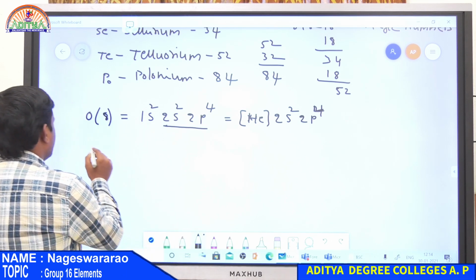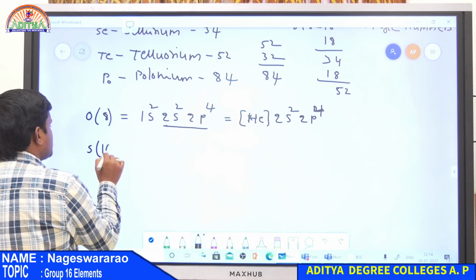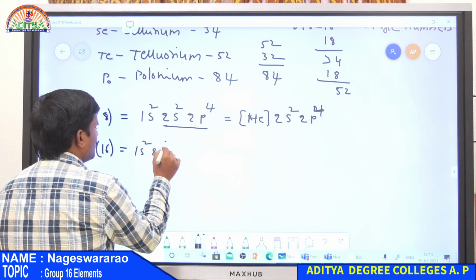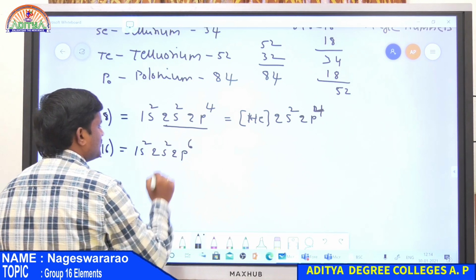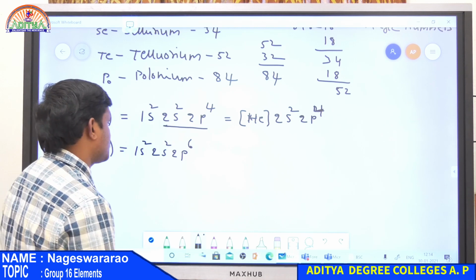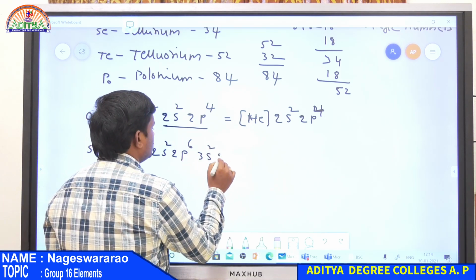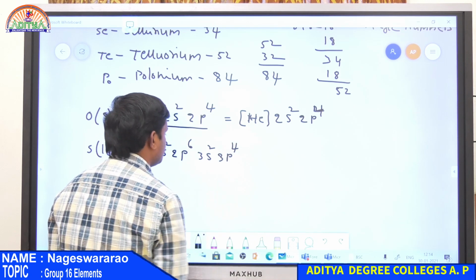And then sulfur. Sulfur is 16, that is 1s2, 2s2, 2p6. The maximum number of electrons in a p orbital is 6, so 10 electrons, and then 3s2 and 3p4.